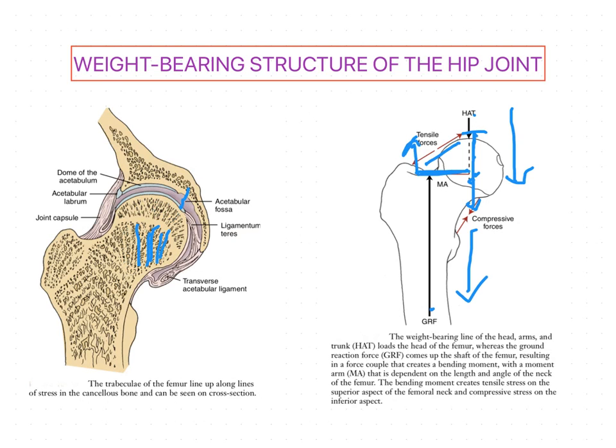The bending stress creates a tensile force on the superior aspect of the femoral neck and a compressive stress on the inferior aspect. A complex set of forces prevents the rotation and resists the shear forces that the force couple causes.